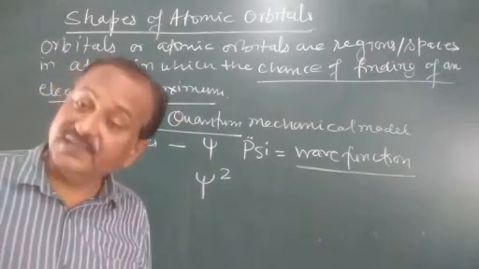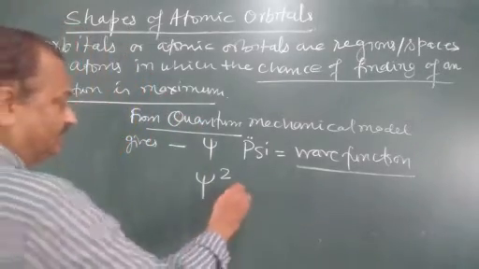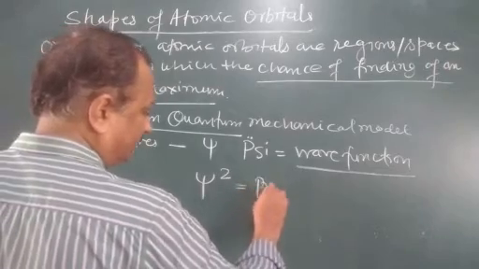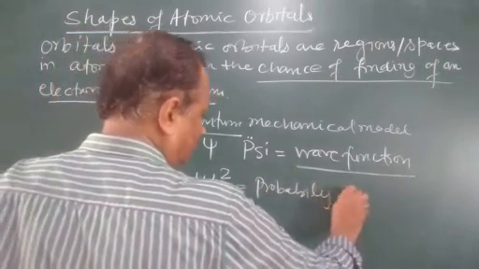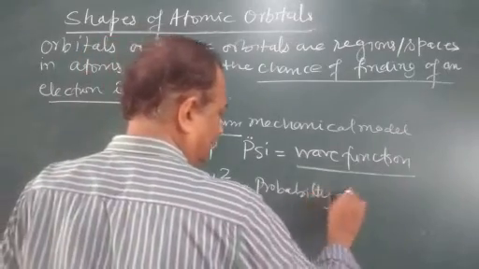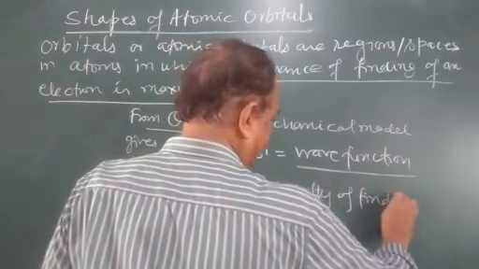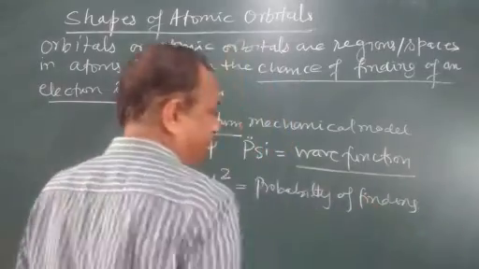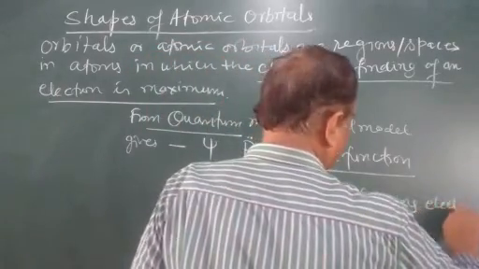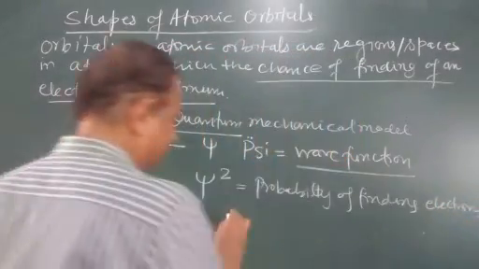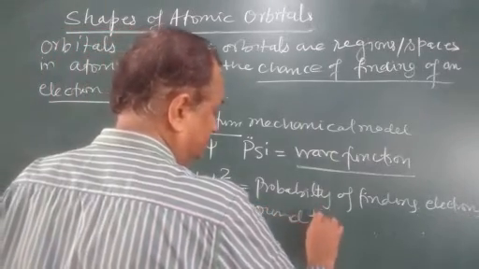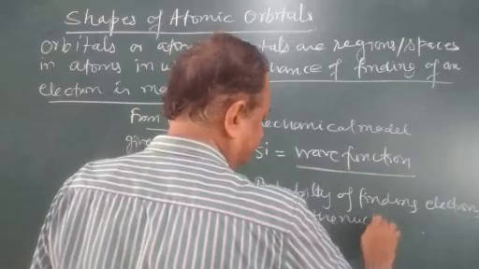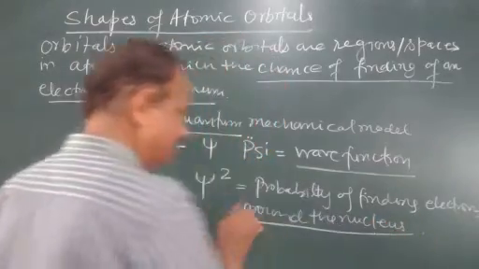psi, this gives the probability of finding electrons around the nucleus.